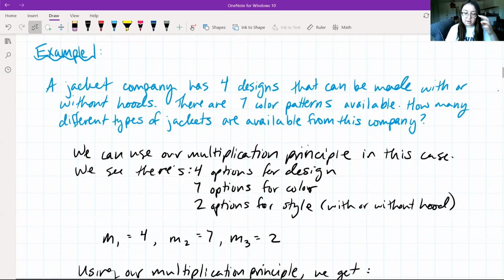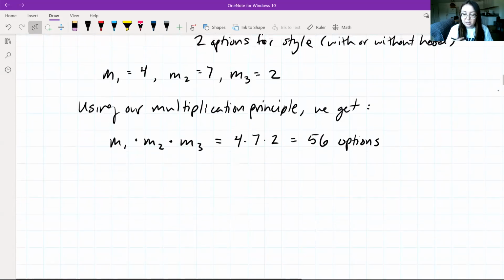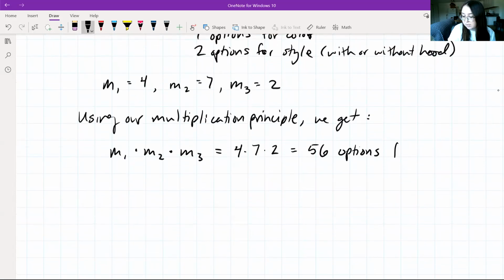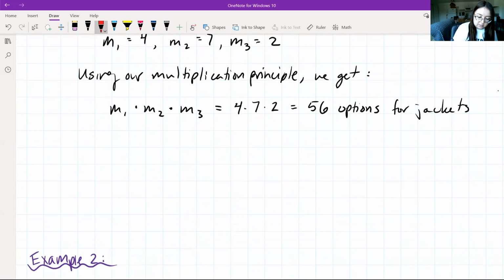So when our question is asking how many different types of jackets are available from this company, 56 options for jackets. So just a little note here.